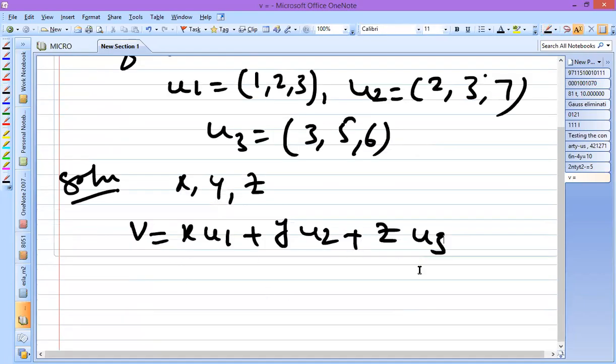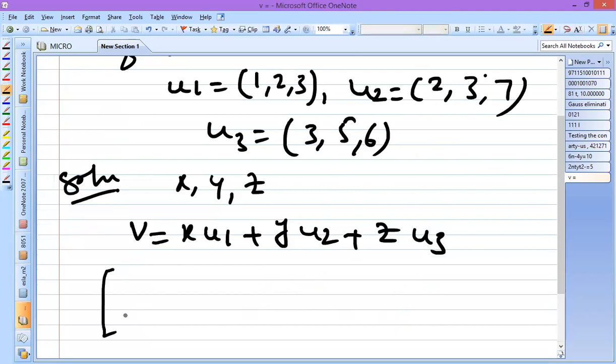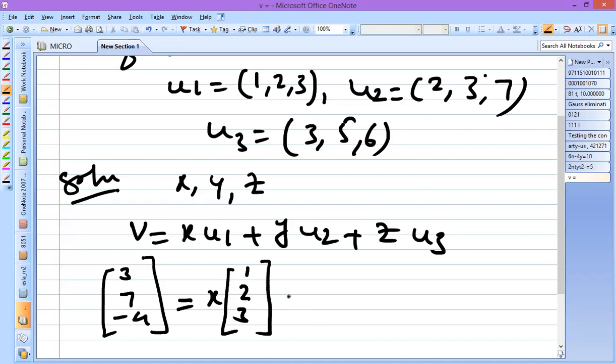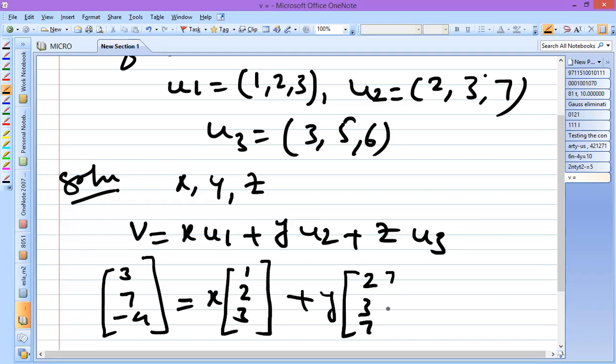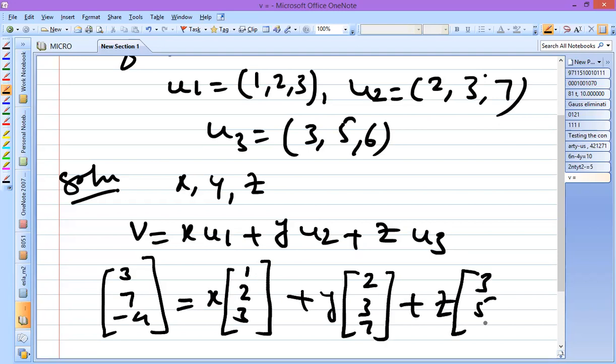So in this form we need to express it, and for that we need the x, y, z values. V is given as (3, 7, -4). Copy this on the right hand side, which is equal to x into u1, (1, 2, 3) expressed as a column, plus y into (2, 3, 7) plus z into (3, 5, 6).